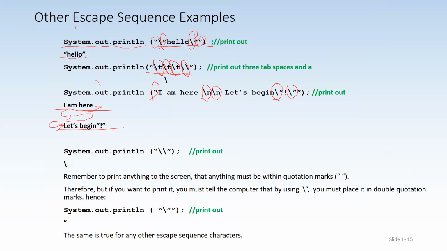Any questions? And this simply prints out one forward and backward slash. I'm just telling you that. And this prints out a single double quotes.